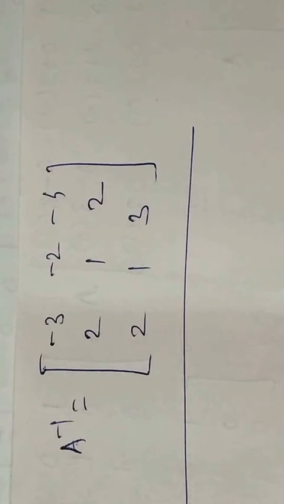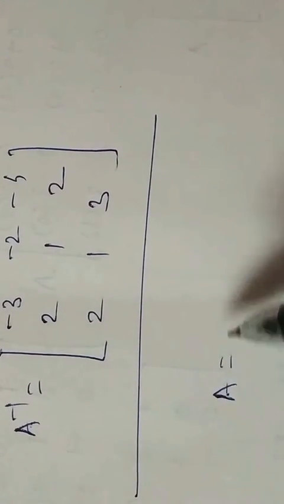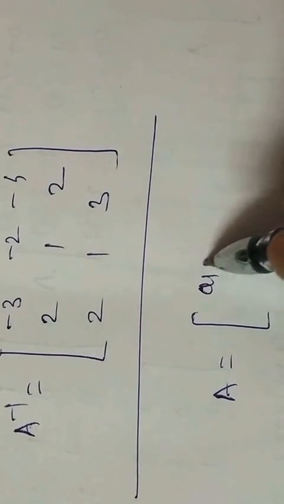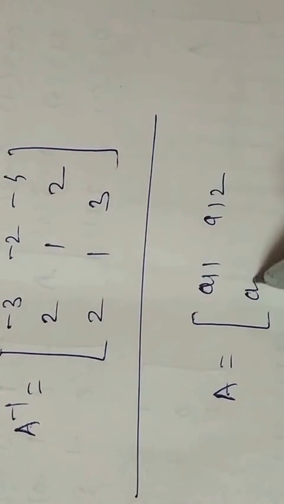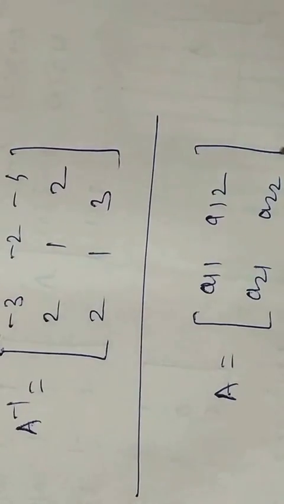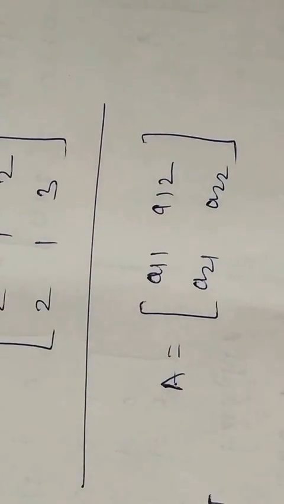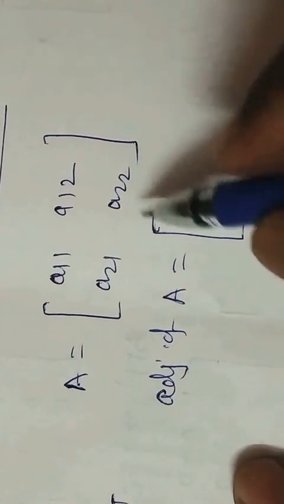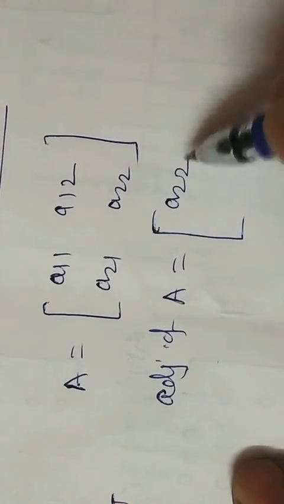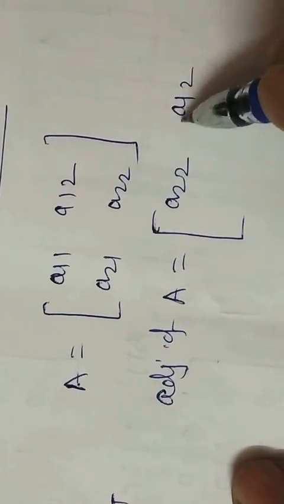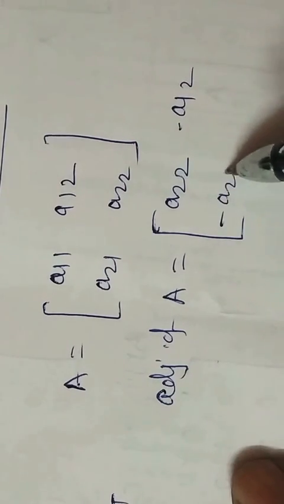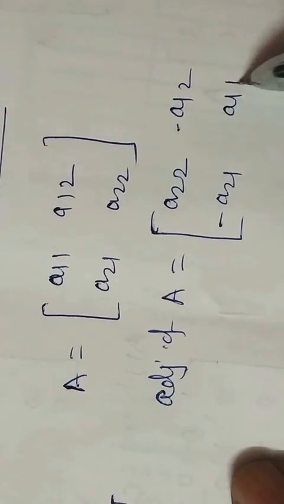For a 2 by 2 matrix, it is a very simple way. If any matrix is in the form of A11, A12, A21 and A22, then just change the sign and change the position. The adjoint of A is just changing the position: A22, minus A12, minus A21 and A11.